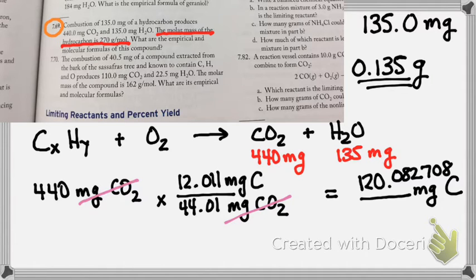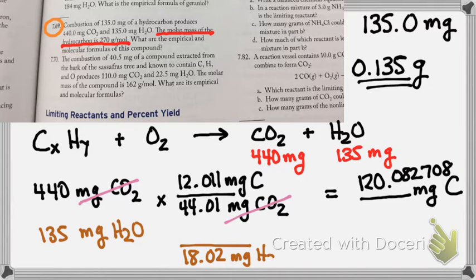I can repeat a similar process for hydrogen. I know that this reaction will produce 135 milligrams of water, and I know that for every 18.02 milligrams of water, I have 2.02 milligrams of hydrogen.